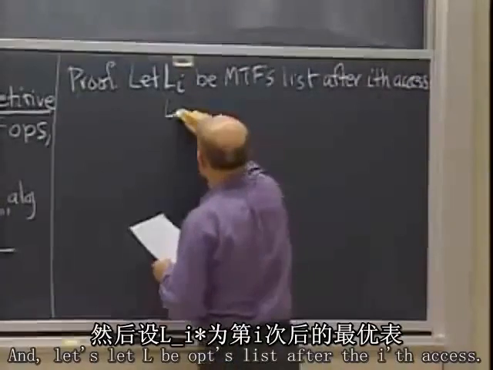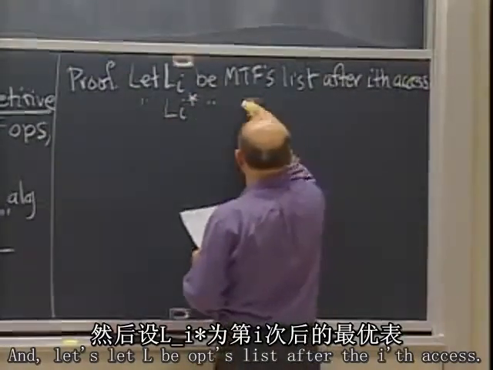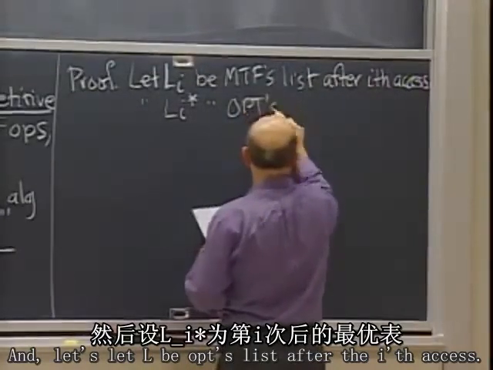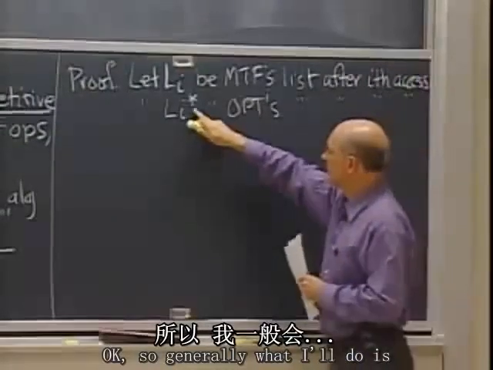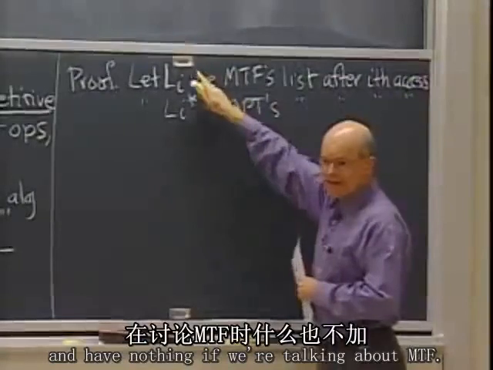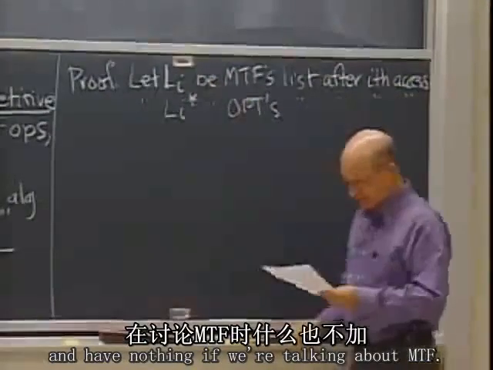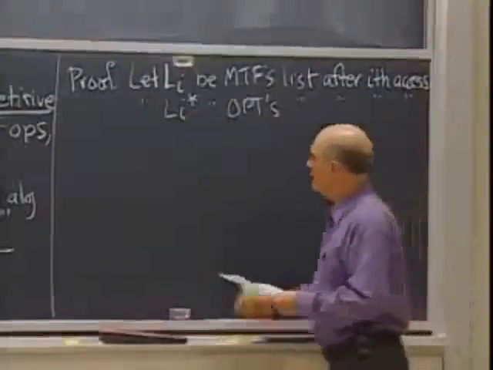And let's let L sub i star be opt's list after the ith access. Okay, so generally what I'll do is I'll put a star if we're talking about opt and have nothing if we're talking about MTF. Okay? So that's going to be the list.